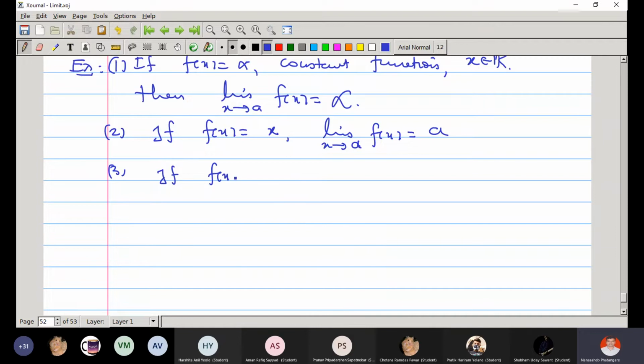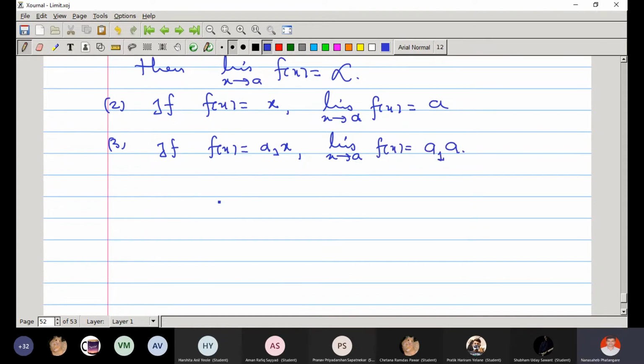Now if f(x) is equal to some a1 times x, then what is the limit as x tends to a of f(x)? a1 times a, correct? Now if f(x) is equal to x square, and what is the reason?